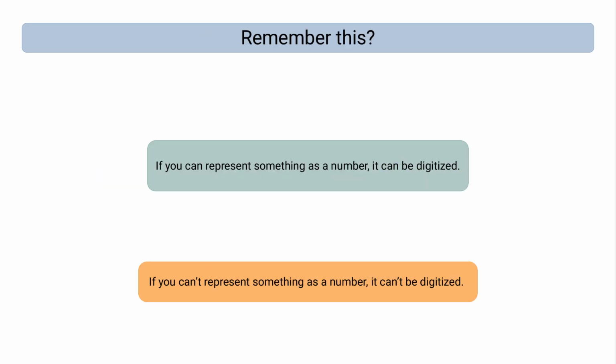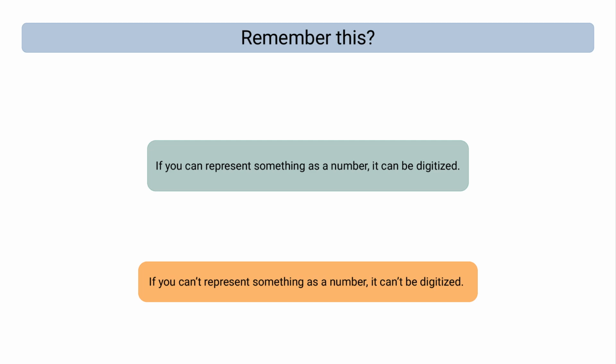Now let's circle back to the very beginning of this course, in which we said if you can represent something as a number, it can be digitalized. If you can't represent something as a number, it can't be digitalized. And the same thing holds true for AI. If you have the ability to represent something as a number, then making it part of an AI model is straightforward.